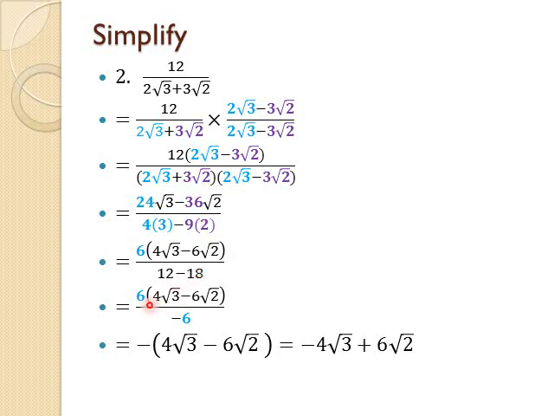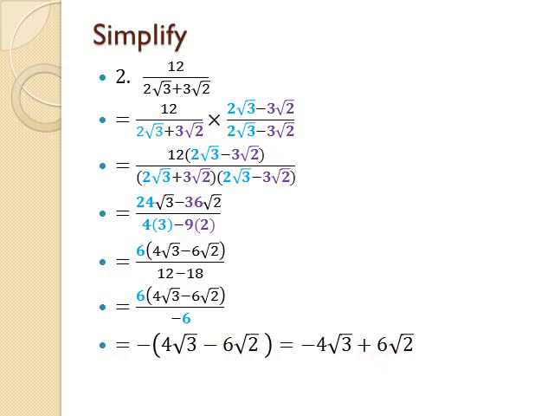Right? So I have 6 times 4 square root 3 minus 6 square root 2 on top. And 12 minus 18 would give me negative 6. 6 and 6 cancel, but I'm left with a negative sign which goes in front of the bracket. So I'm multiplying, negative times positive gives me negative 4 square root 3. Negative times negative becomes positive 6 square root 2.